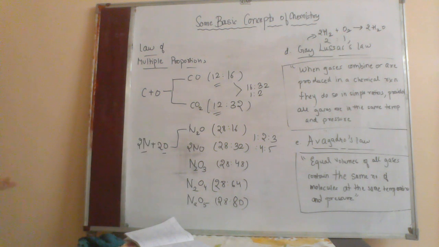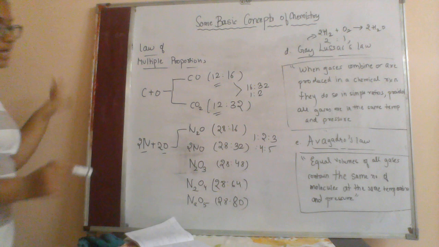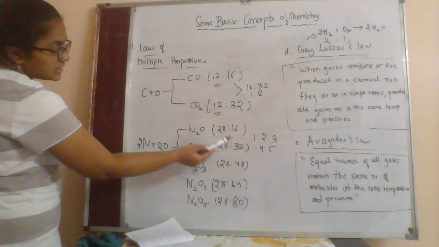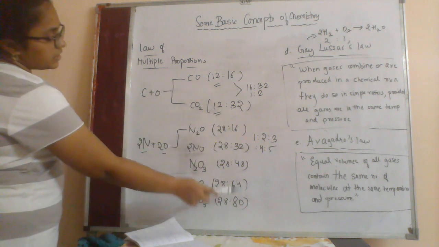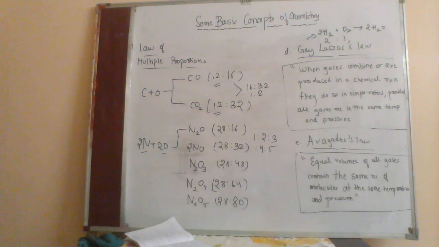The changing mass is of oxygen, and the weight of oxygen is in the form of simple whole numbers, that is 1:2:3:4:5, that is 16, 32, 48, 64 and 80. These are in simple ratios.